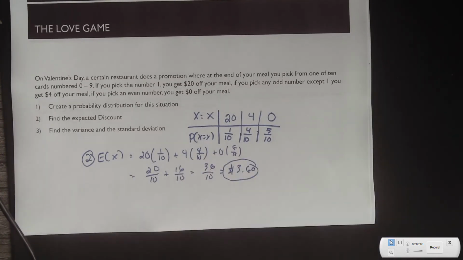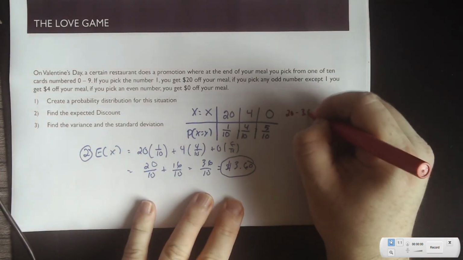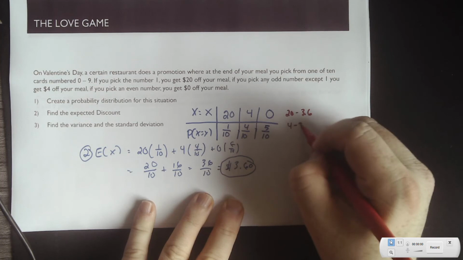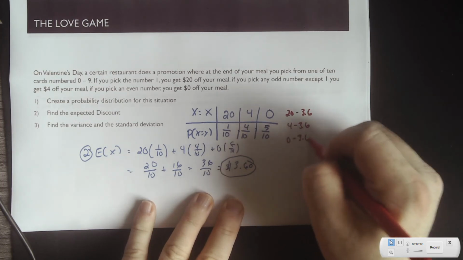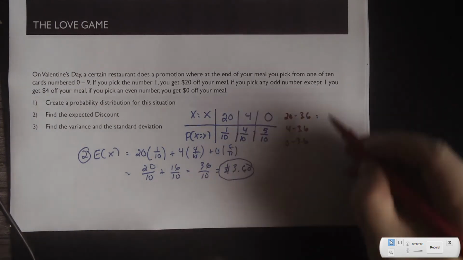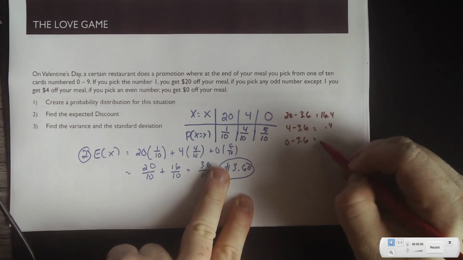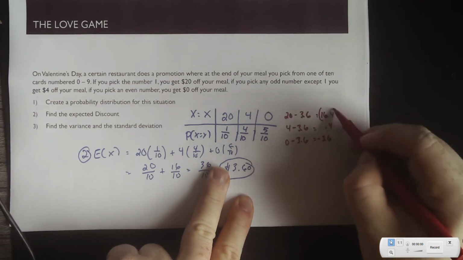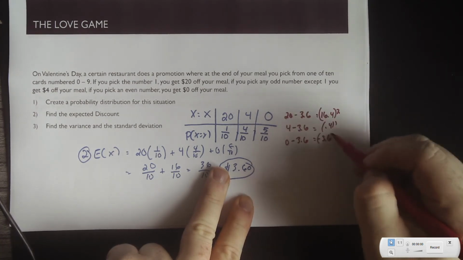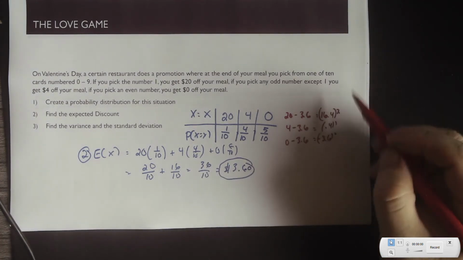And then if I wanted to do the variance and the standard deviation, so I got 20 minus 3.6, 4 minus 3.6, and 0 minus 3.6. So 16.4, 0.4, and negative 3.6, squared.